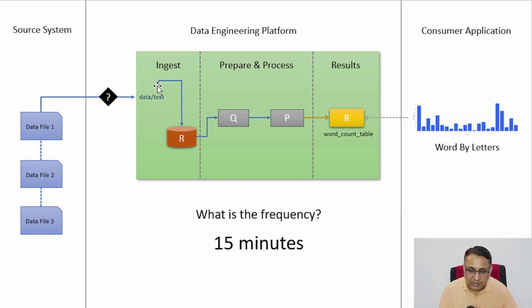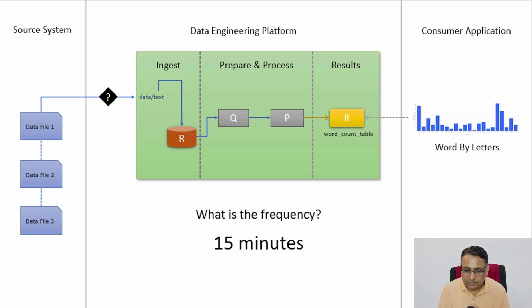So in the first iteration, whatever data files are ingested in the landing zone, we want to read those files, create a raw data frame, then apply some data quality rules to eliminate poor quality data, and then do the processing. The processing is simple. We simply want to do the word count. And once we have the word count, we will push the result into a word count table. And finally, our consumer applications want to build a report based on the word count table.